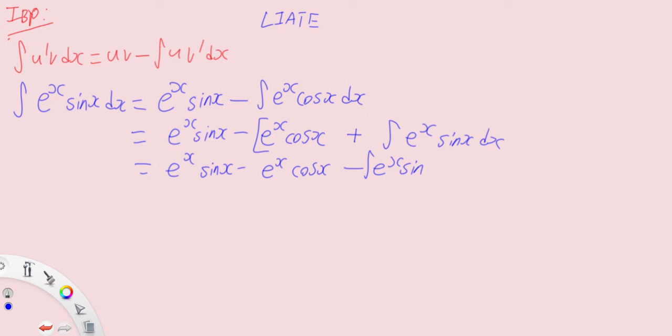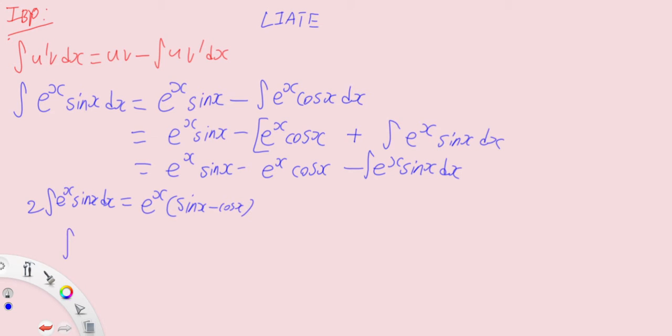If you notice, we get the integral of e^x sin x on the right again, and it's a minus sign. What do we do? Well, we bring this over. So now we know we get 2 times the integral of e^x sin x dx equals e^x (sin x minus cos x).